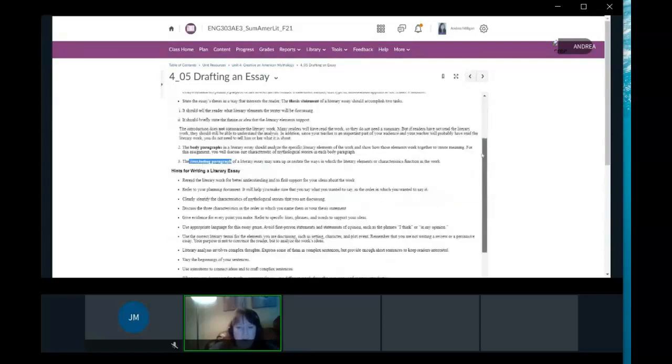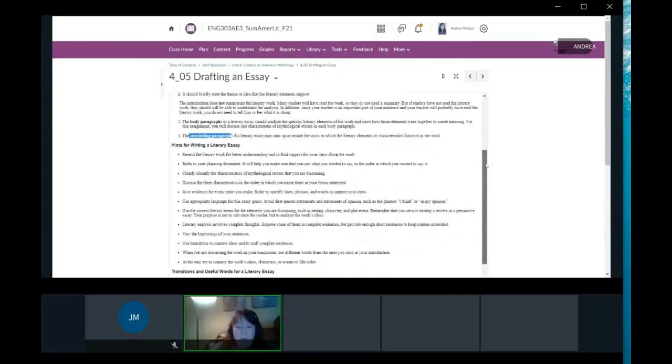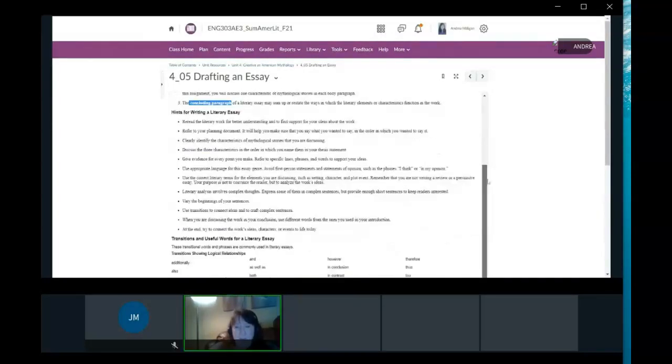Reread the literary work for a better understanding. So if you haven't done that, you need to make sure that you read it. This is a really nice little document here. So make sure that you are familiar with that.